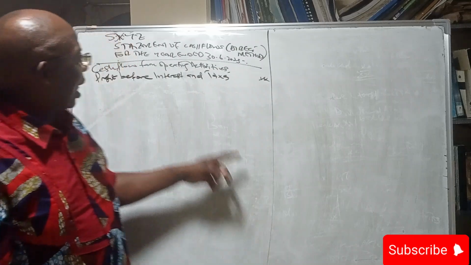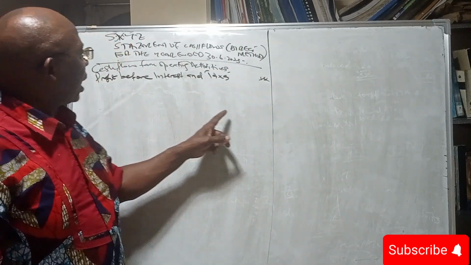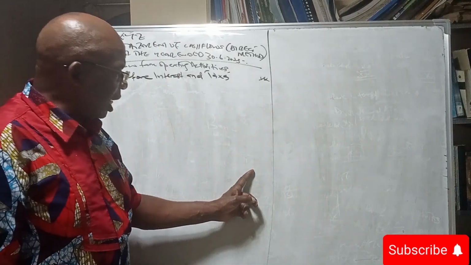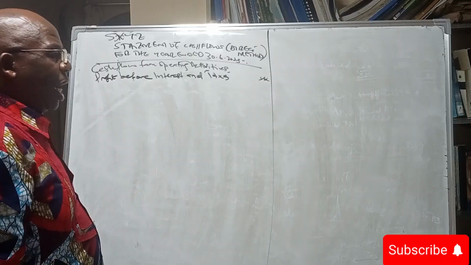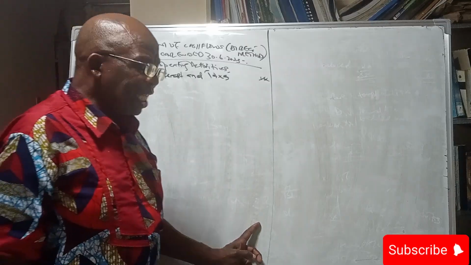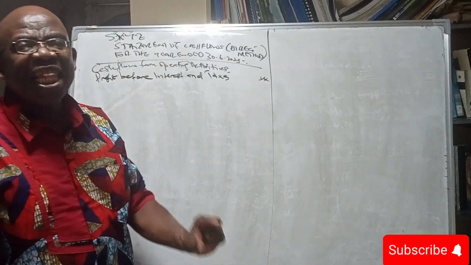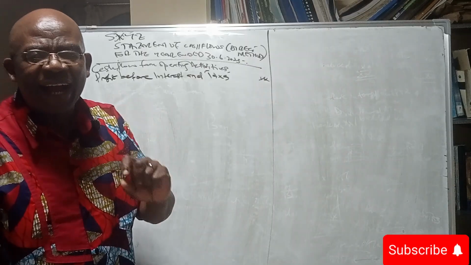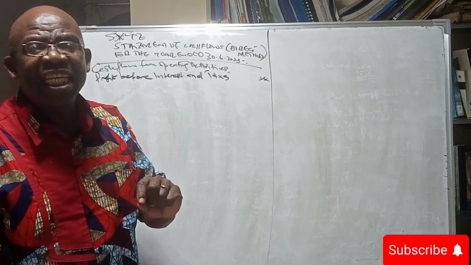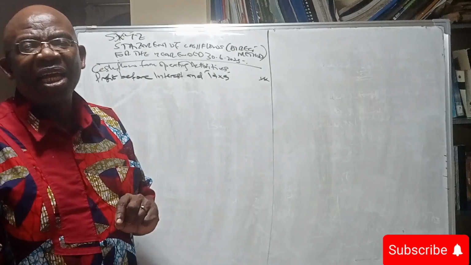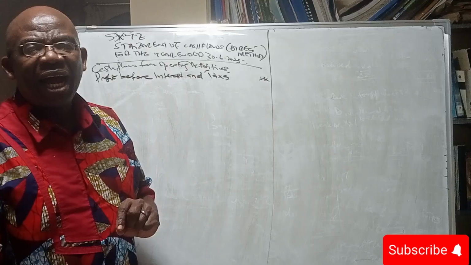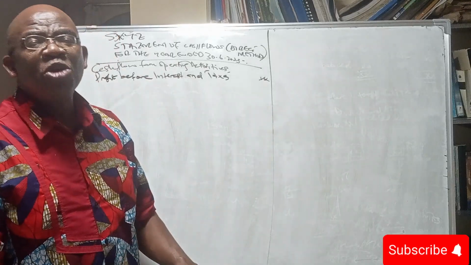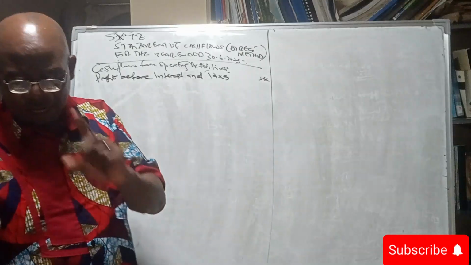So we get the net cash flow from operating activities, we add net cash flow from investing activities, we add the net cash flow from financing activities, we get the total increase or decrease in cash and cash equivalent caused by the operations of the year. And that increase or decrease, if you add what you had at the beginning, you will get what you have at the end of the period.